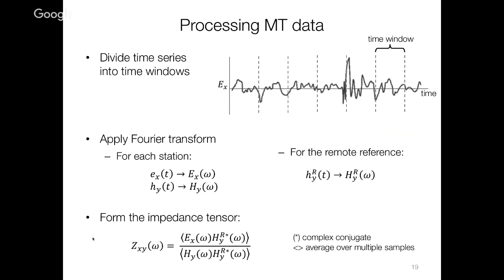Okay. Now we could just go ahead and say, let's do EX upon HY, because that's the impedance, right? So we could do EX upon HY at that frequency, and that gives us an estimate of ZXY. And then we could do it for the next time window, do it for here, do it for here, and then just simply do an averaging of that, right?